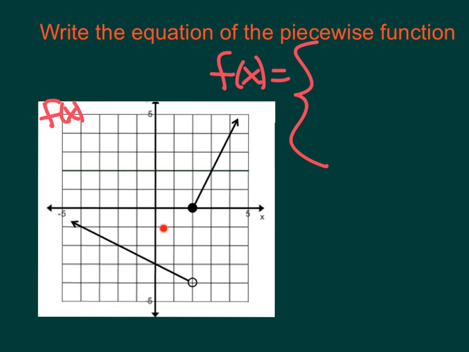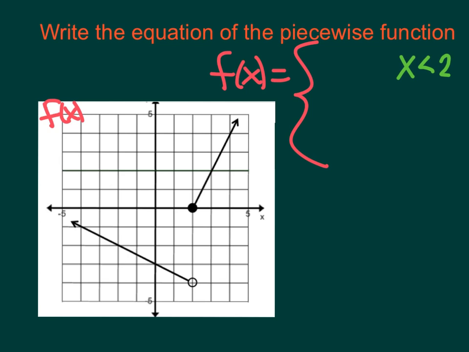What values of x is it good for? Okay, so the leftmost goes to negative infinity, and the rightmost goes to 2. So I would say this graph works for all values of x that are less than 2. Now notice I didn't say equal to because it's an open dot here, but starting at 2, everybody less than 2, this graph will hit all the x values, so x is less than 2.